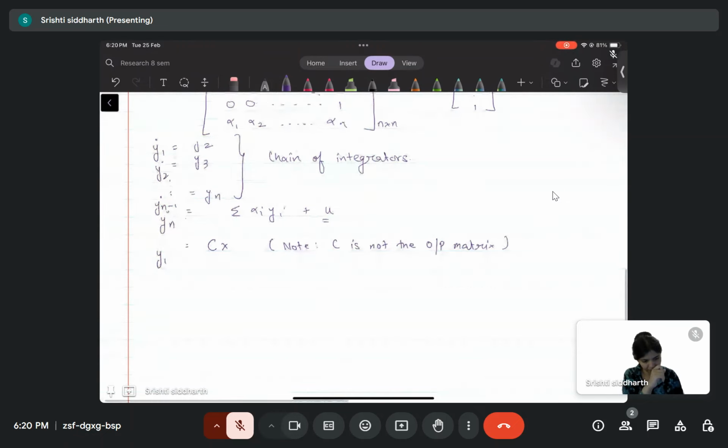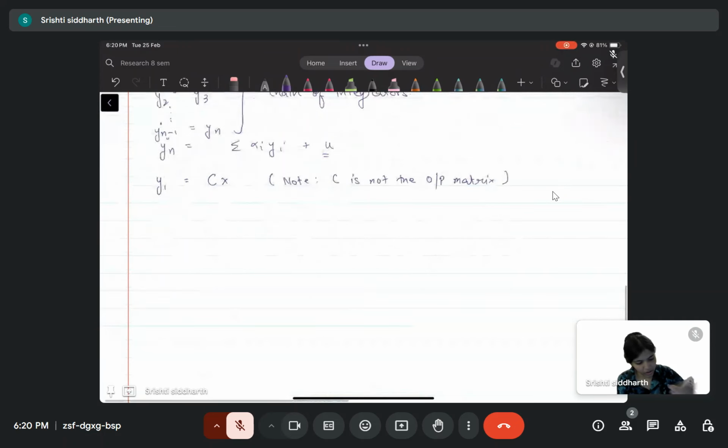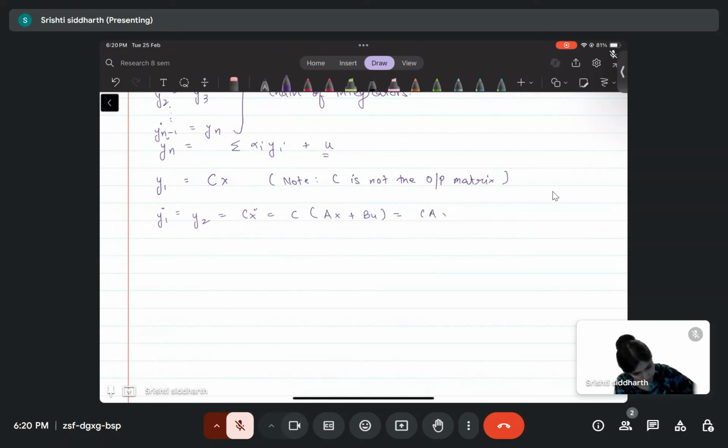If this is the case, then y1 dot, which is y2, is simply C x dot. And now we can substitute to find out that this is CAx plus CBu.